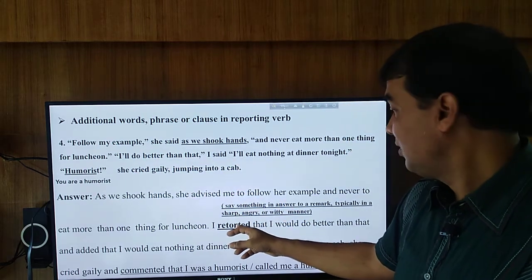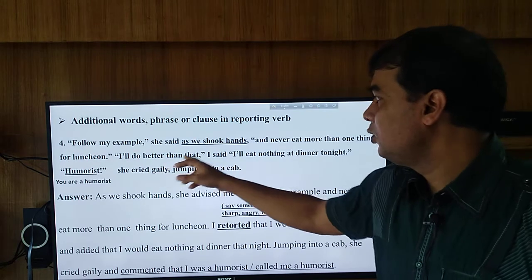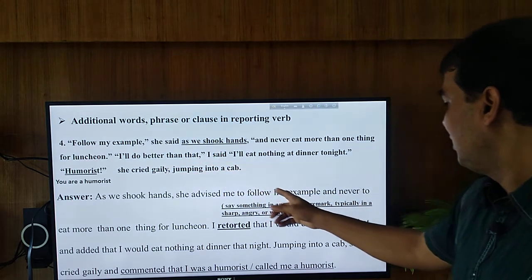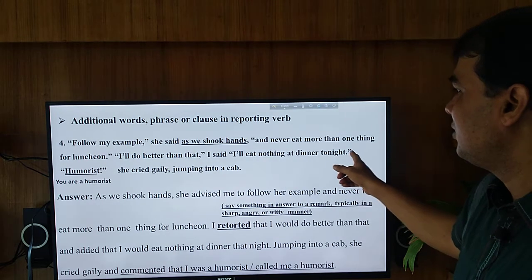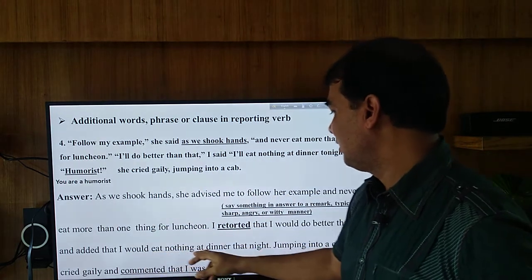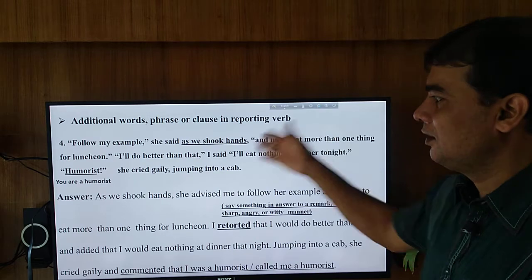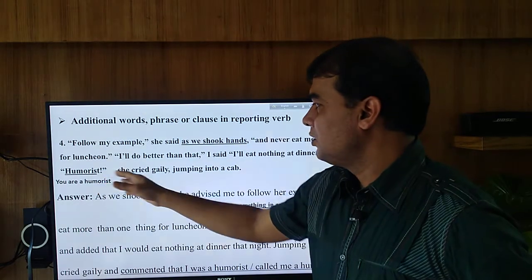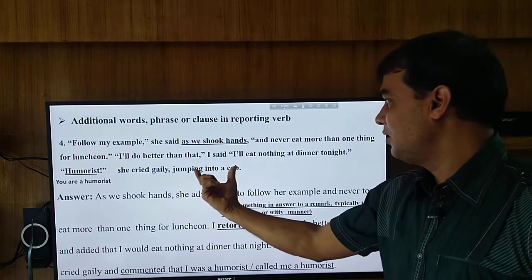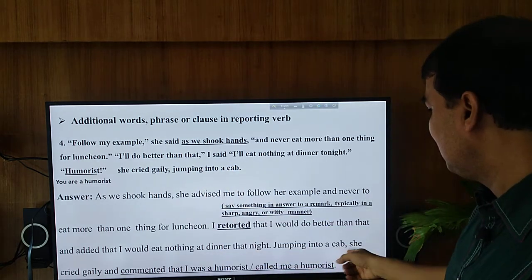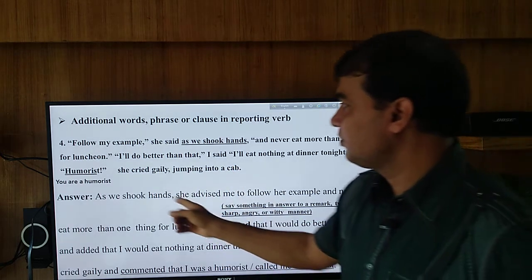I retorted that I would do better than that, and added that I will eat nothing at dinner tonight. That means I would eat nothing at dinner that night. Humorist, she cried gaily, jumping into a cab. Again, here you see this is an additional word. Jumping into a cab, she.